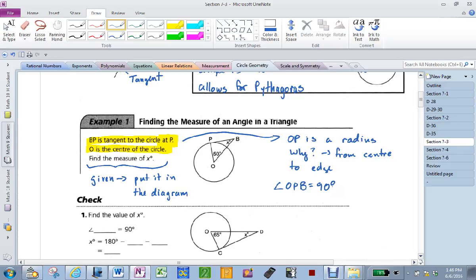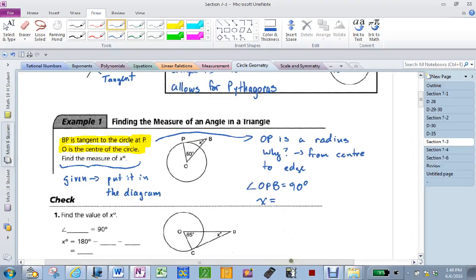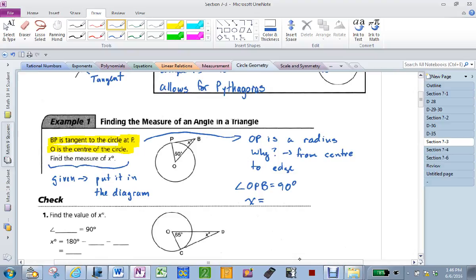Yep. Now, once I know that's 90, then how do I know what X is? What does x equal? Because you just did 2 worksheets on this for me. I'm going to highlight in red the important shape that you have just made. Ready. And what do you know about triangles and angles? 180.